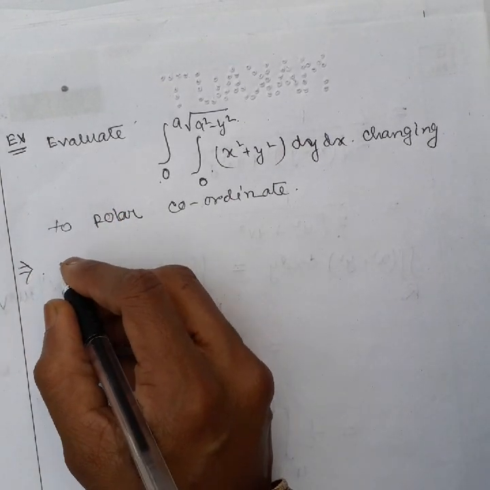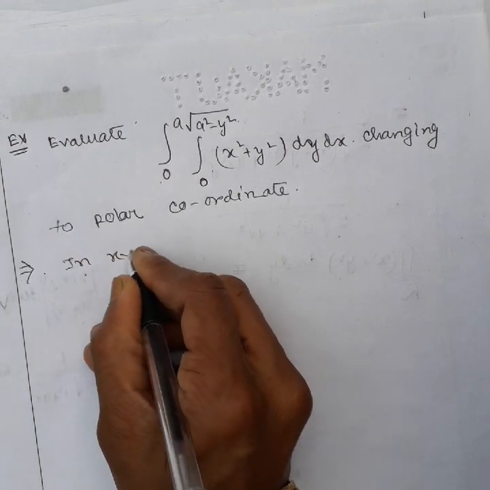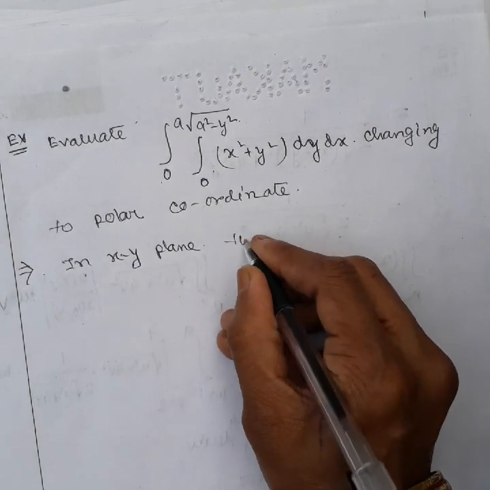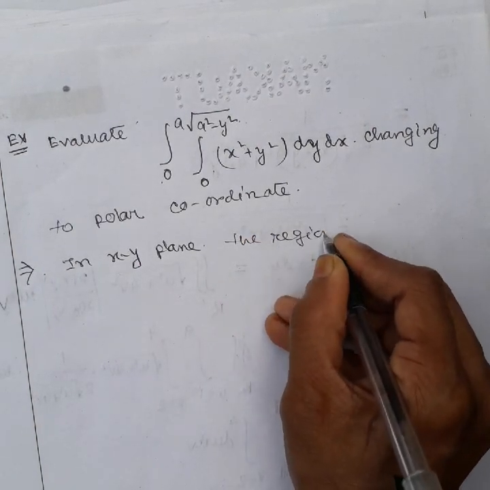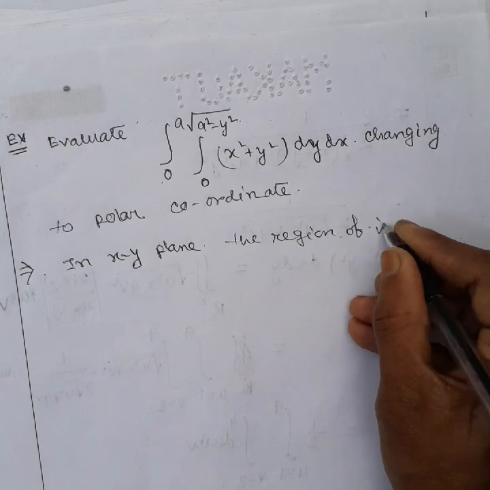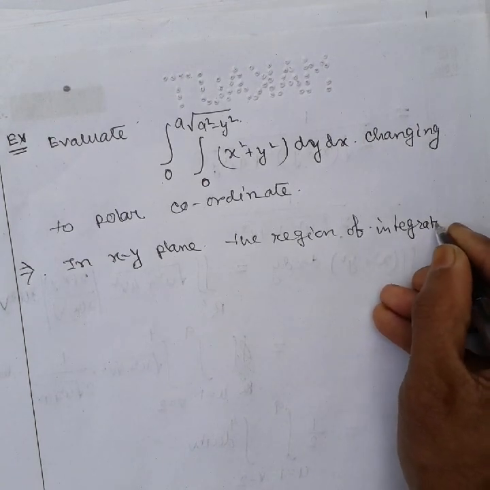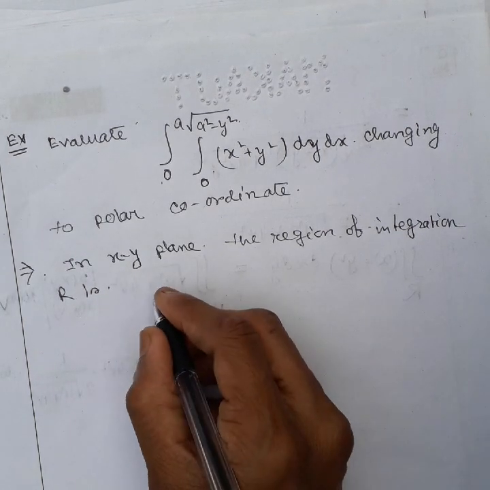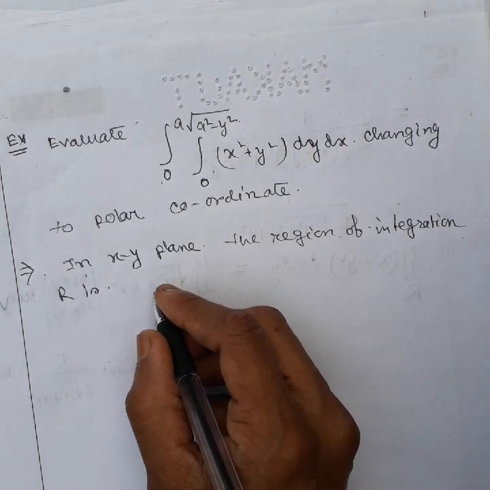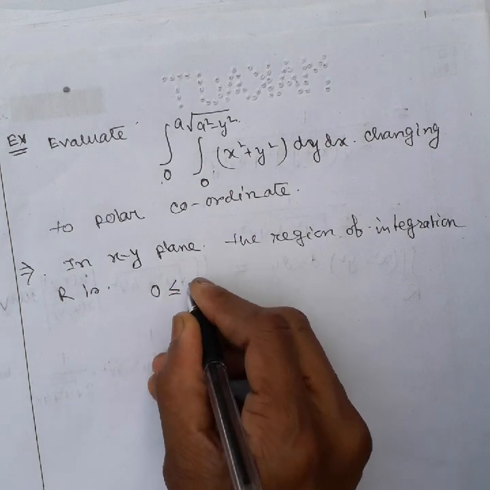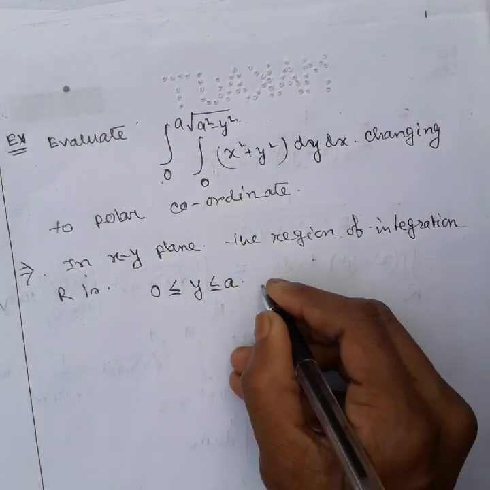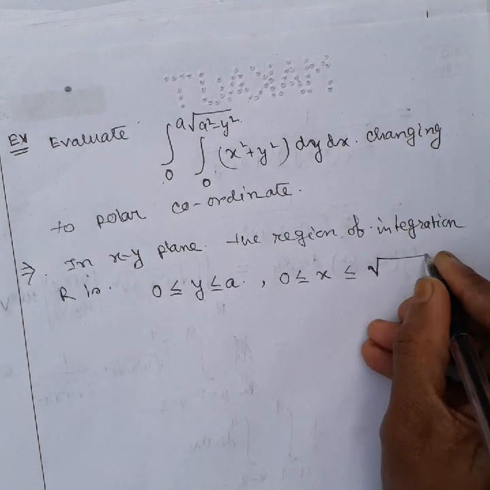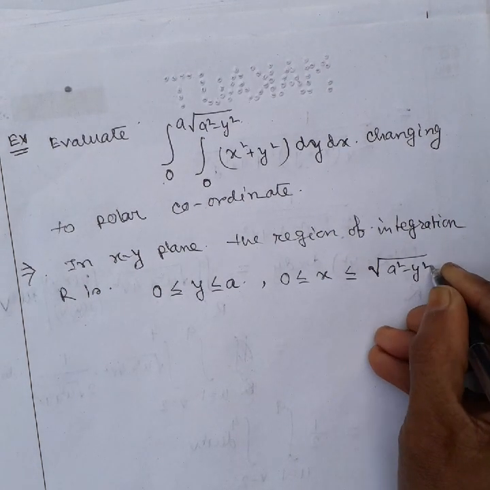Okay, so for this, in the xy plane, the region of integration R is 0 less than or equal to y less than or equal to a, and 0 less than or equal to x less than or equal to root over of a square minus y square.